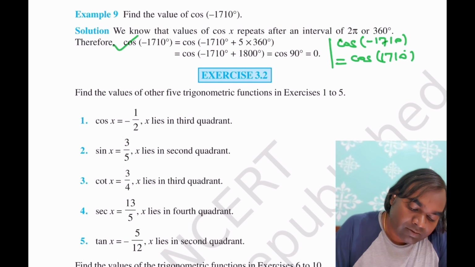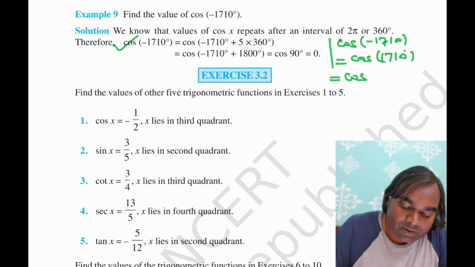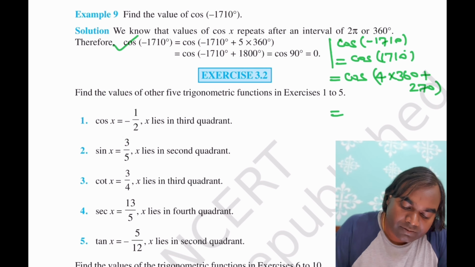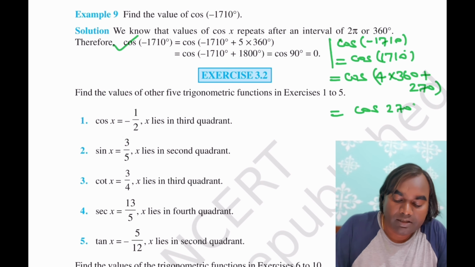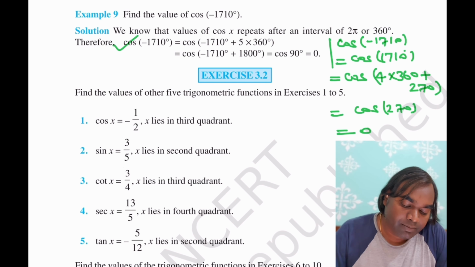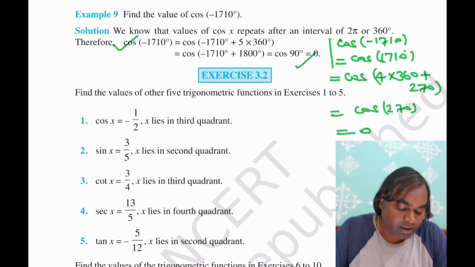So that is equal to cos of 4 into 360 plus 270, and that is equal to cos of 270, and this is nothing but cos 3 pi by 2, that is equal to 0. So the answer will be the same in both ways.